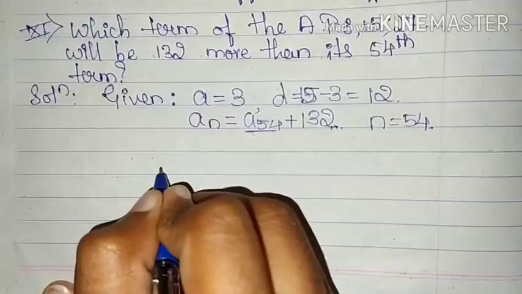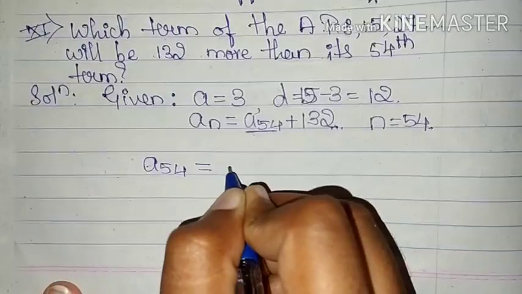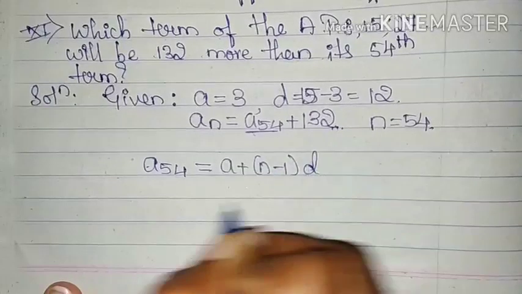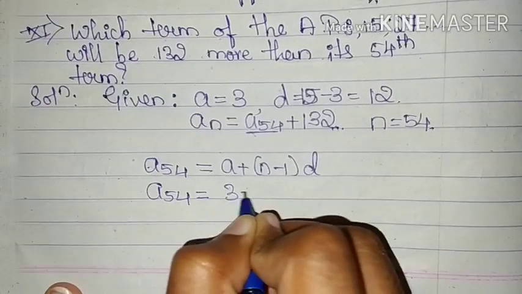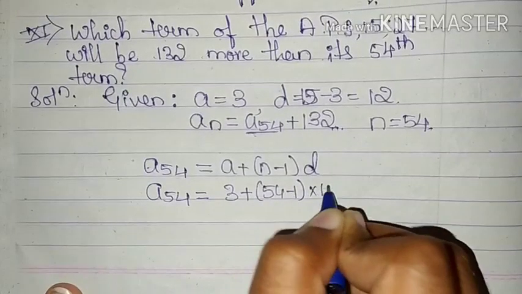Now A54 is equal to A plus N minus 1 into D. A54 is equal to 3 plus 54 minus 1 into 12.